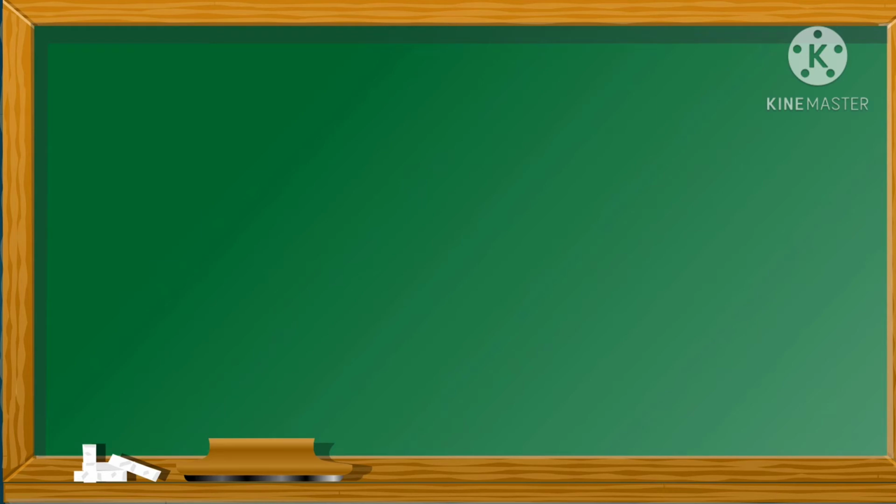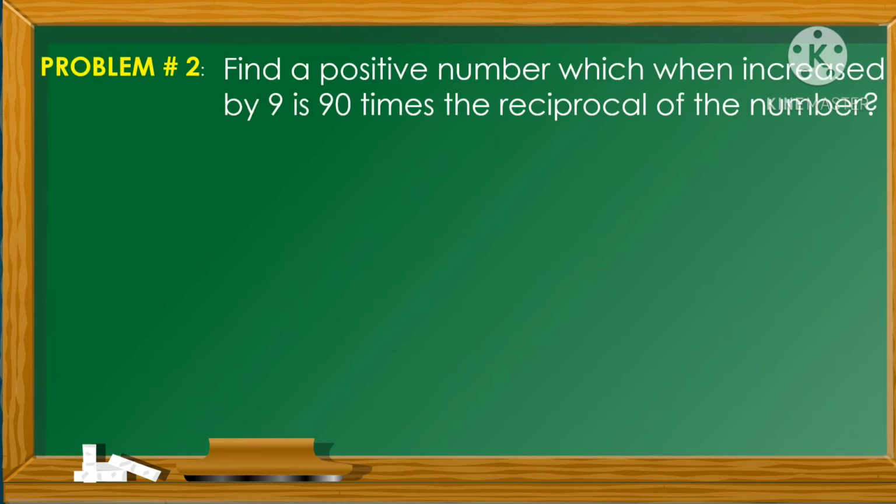Okay, so let's proceed now to problem number 2. Problem number 2, find a positive number which when increased by 9 is 90 times the reciprocal of the number. So, ano ba yung hinahanap? What is asked in the problem?